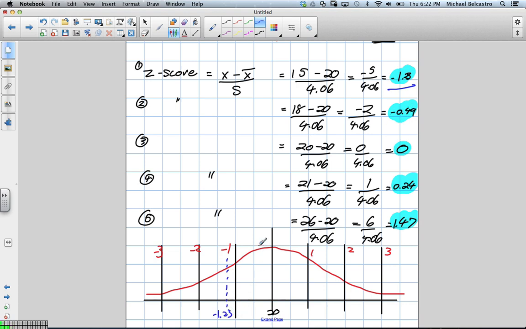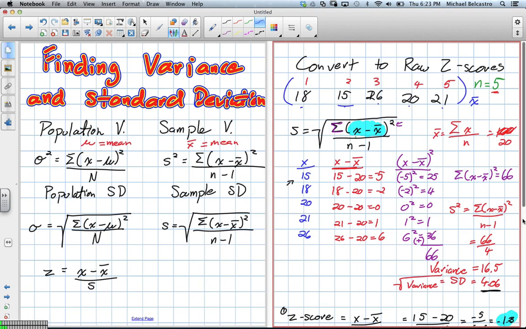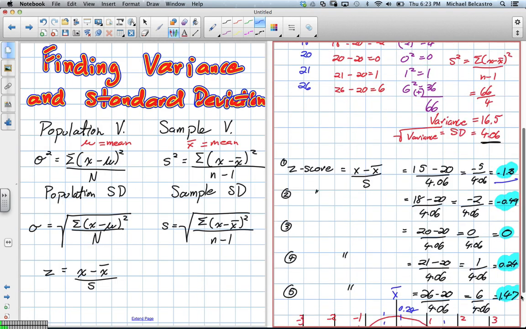The next one is at negative 0.49, so that's probably in here, because this is the mean. The mean is represented by x bar. Our next one would be 0.24, and then we have another one at 1.47. Just to give you an idea of what you're about to get into. So that's how you deal with variance and standard deviation.